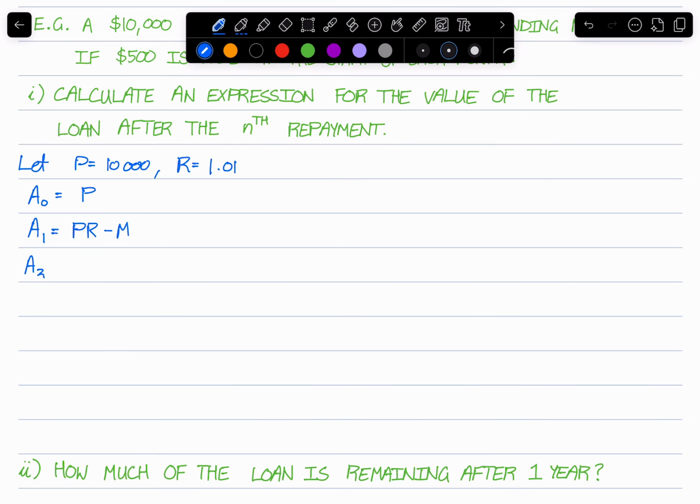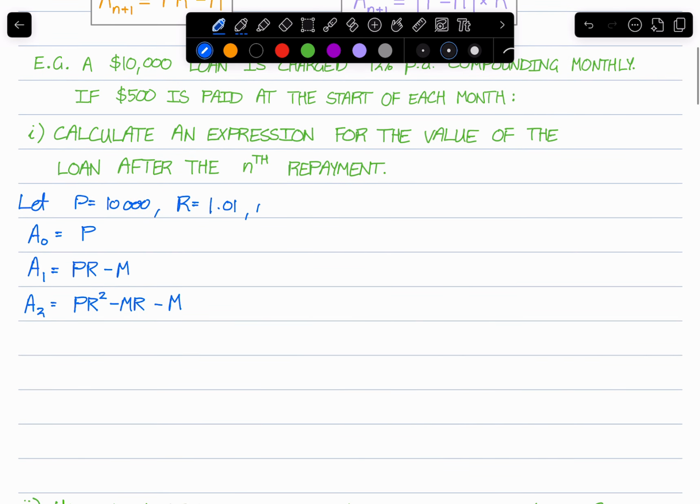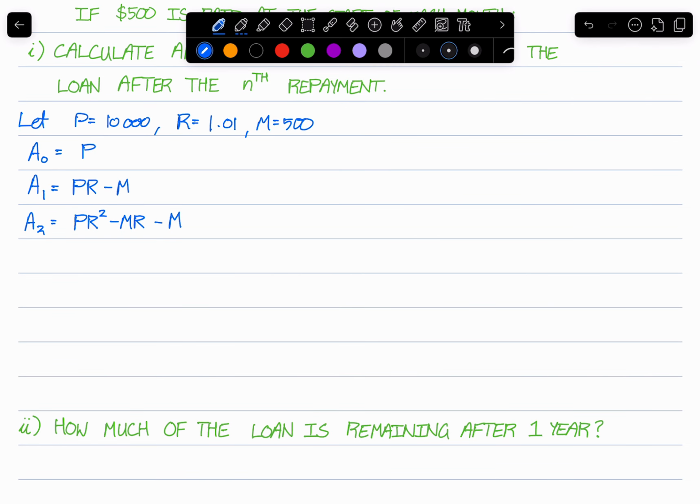A of 2, we multiply this by R, so PR squared minus MR, minus another repayment of M. Sorry, I should have written here that M is 500. Okay, good. Let's do a final one here. A3, this is the third repayment: PR cubed minus MR squared minus MR minus M.